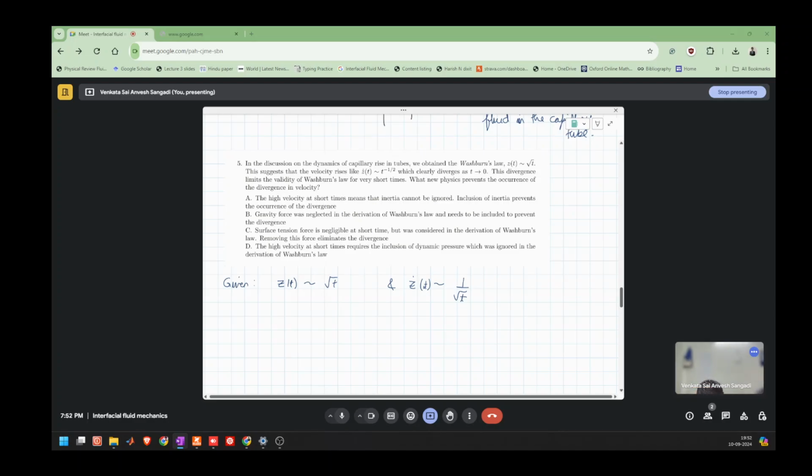It's given that Washburn's law is z of t goes as root t, and therefore the velocity z dot of t goes as 1 by root t, which clearly diverges at t equal to 0. z dot of t goes to infinity as t goes to 0.